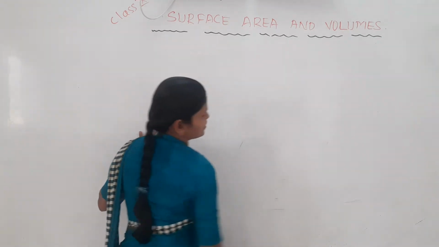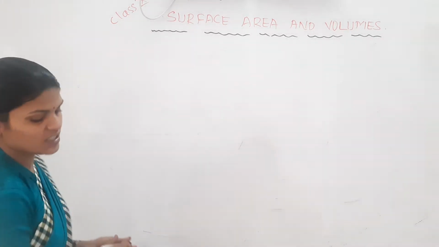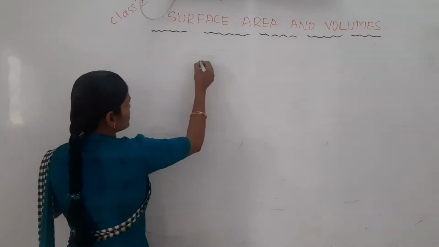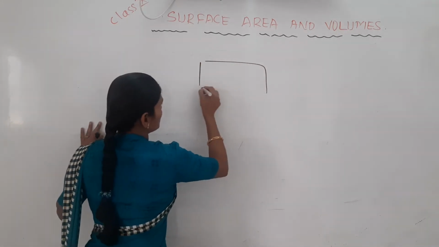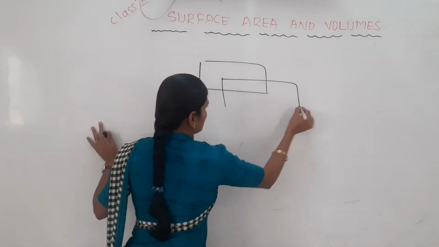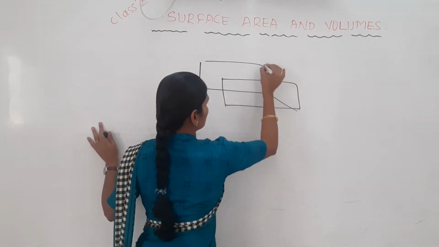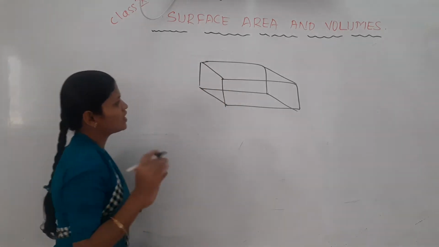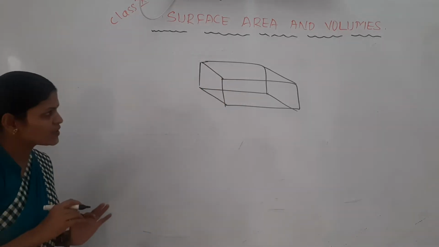Surface area of a cuboid. Cuboid means a rectangular solid shape. How to find its surface area?